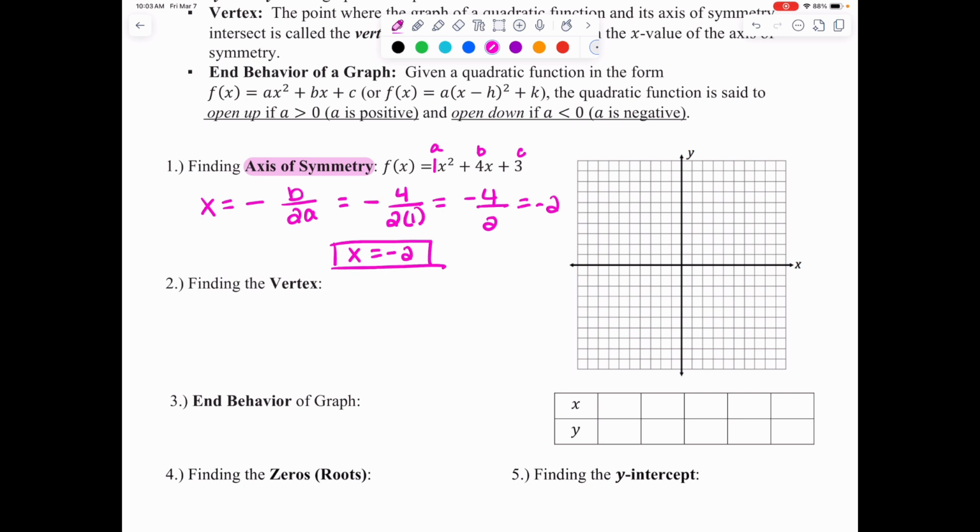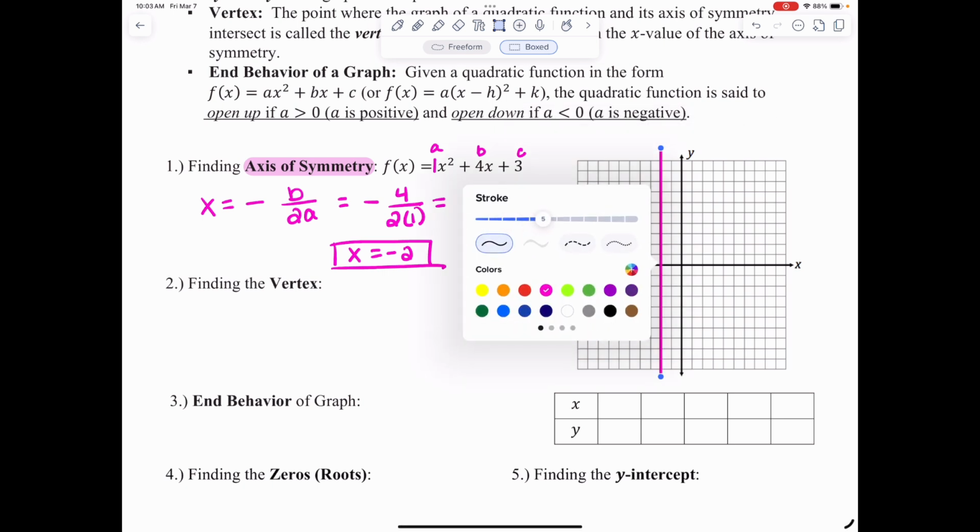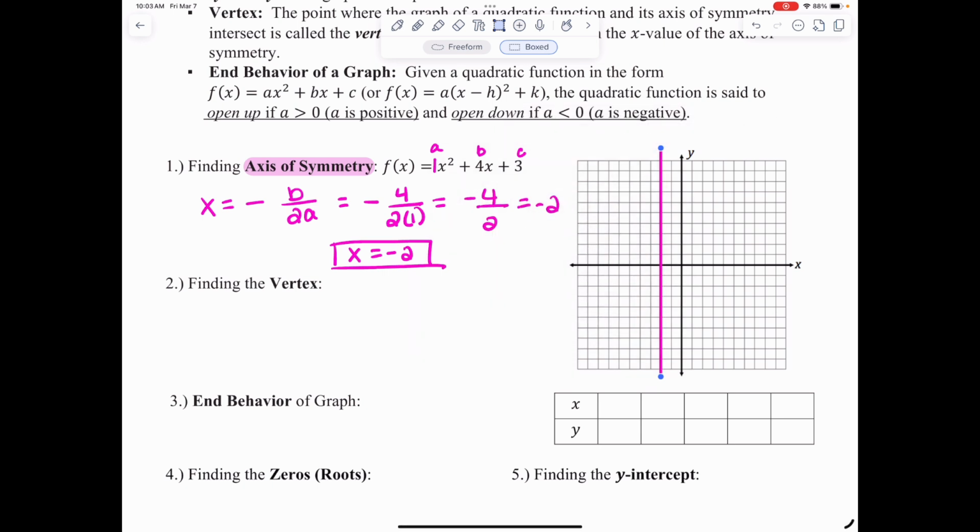So this is automatically going by ones. We do not need to fill in the numbers. We will go ahead and plot our axis of symmetry since we found it at x equals negative 2. And we'll label it as x equals negative 2.